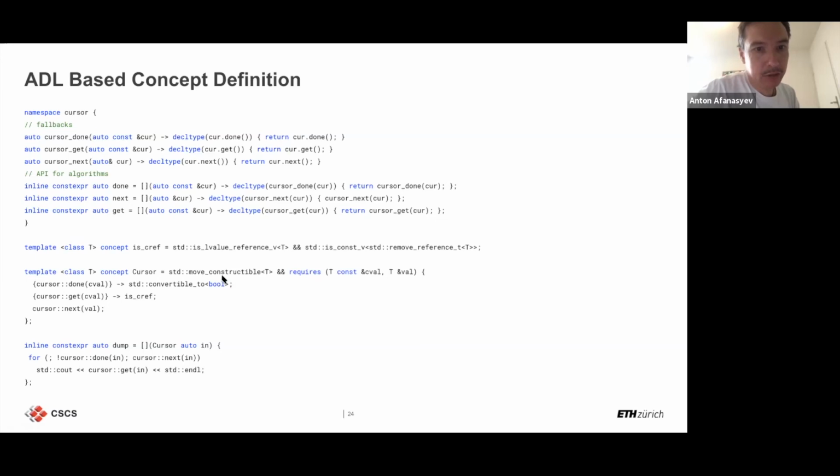And after that, the cursor concept will refer to niebloids. And obviously, this cursor concept reflects the user-facing contract, and this means that for all our functions, instead of using car.done, we are going to use those niebloids instead.